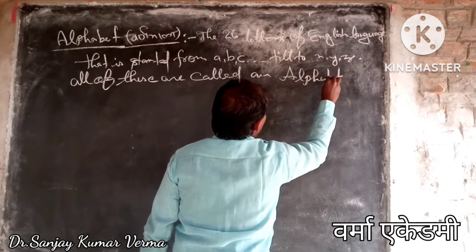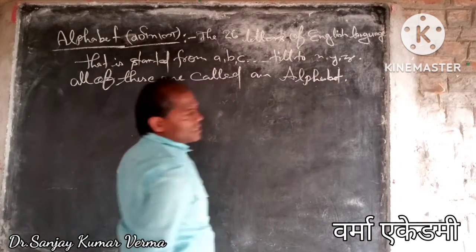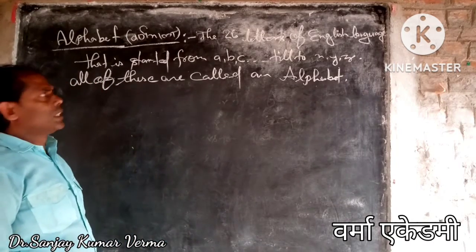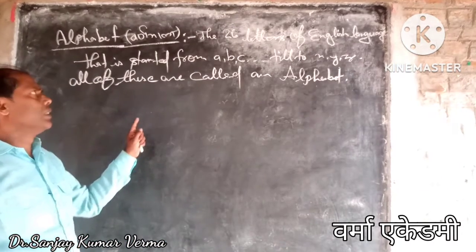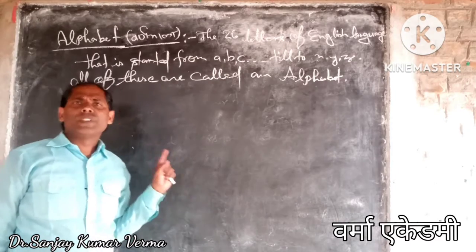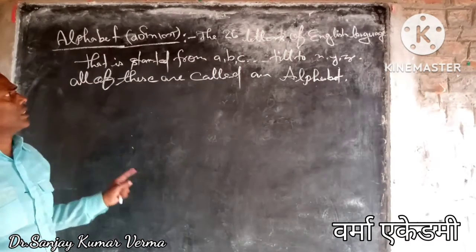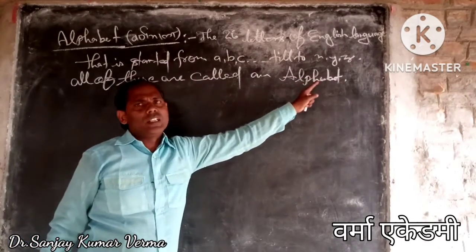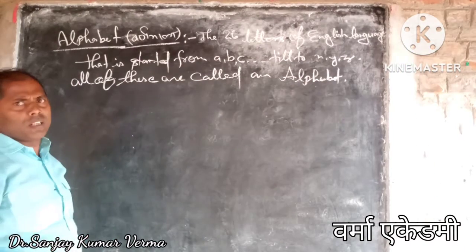Alphabet means a mala. Once again, the 26 letters of the English language that start from A, B, C and run until X, Y, Z are called an alphabet.